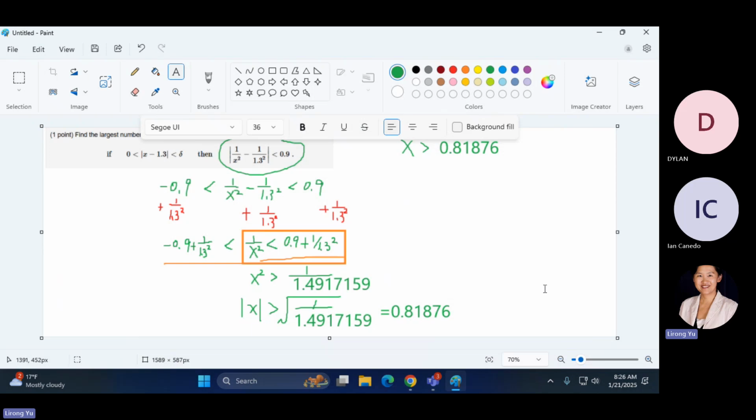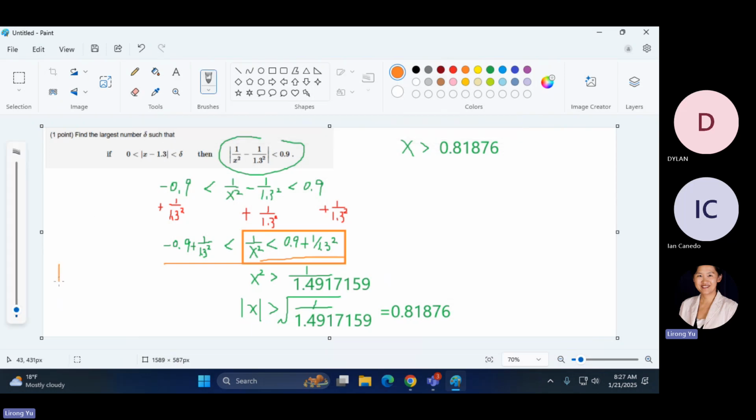if the absolute value of x is bigger than this, then either positive x is bigger than this or x is less than the negative. That is what we mentioned last time. If you have the absolute value of x bigger than a number, let's say 9, then this x is going to be really large.